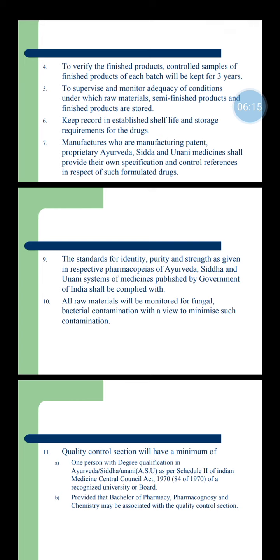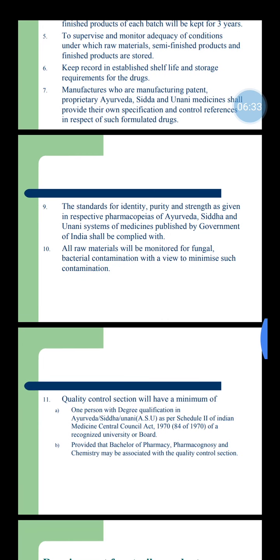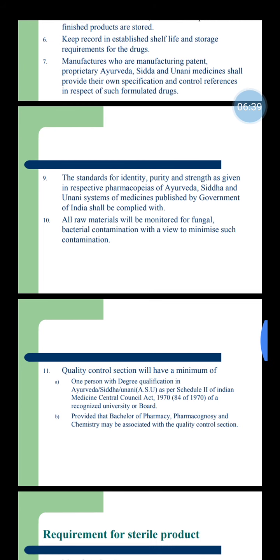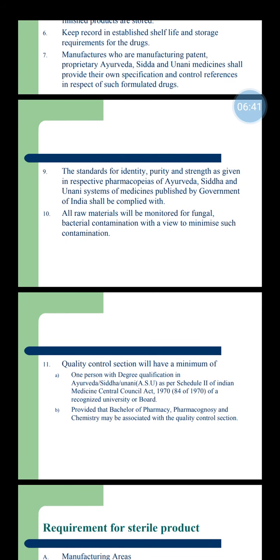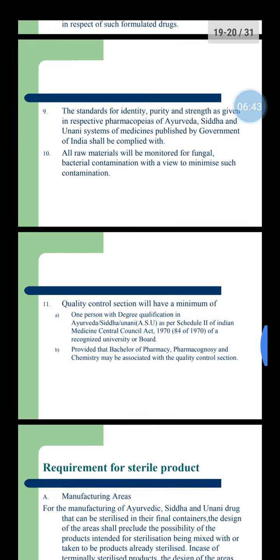Then the standards for identity, purity and strength as given in the respective pharmacopoeias of Ayurvedic, Siddha and Unani systems of medicine published by the Government of India shall be complied with. All raw materials will be monitored for fungal and bacterial contamination with a view to minimize such contamination.